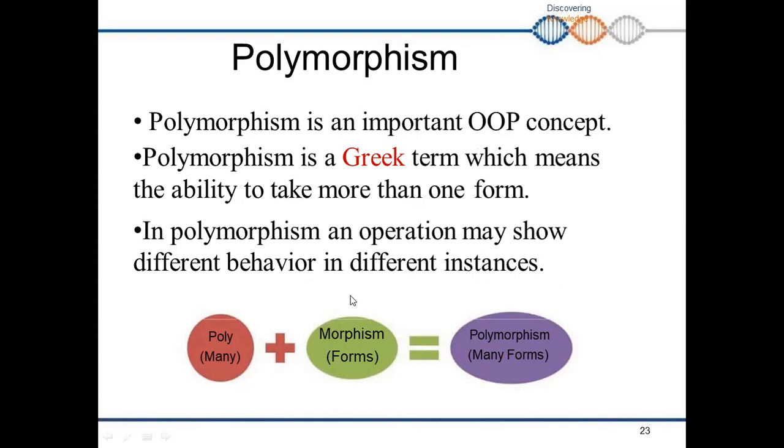So there can be multiple forms. So in polymorphism, an operation, that is calculation of area, may show different behavior in different instances. Poly means many and morphism means forms. So polymorphism means many forms.